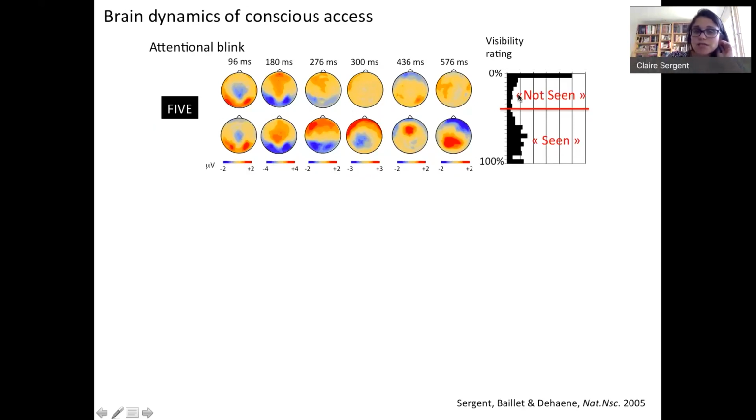So that was suggestive of a transition to a special dynamic with all or none late waveforms associated with the fact of consciously perceiving the stimulus.